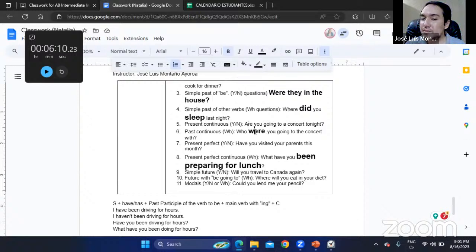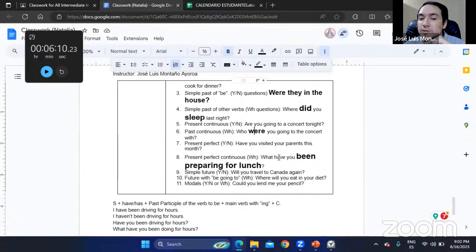Here it's the same. This is past continuous. What's the conjugation of the verb to be in the simple past? It can be, were you eating before, or was she eating before. So were and was, those are the two conjugations for the past continuous. And as I was saying, the present perfect continuous, this is the logic.